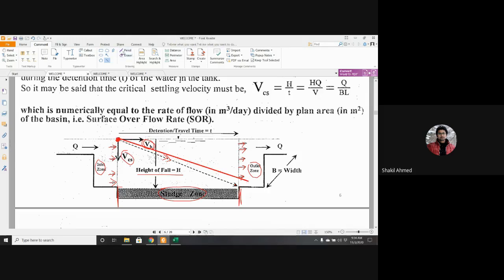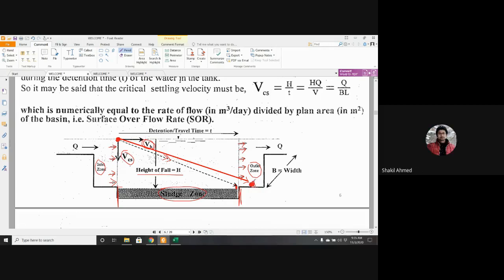Now the question is, if it moves towards this, the particle will fall down here.